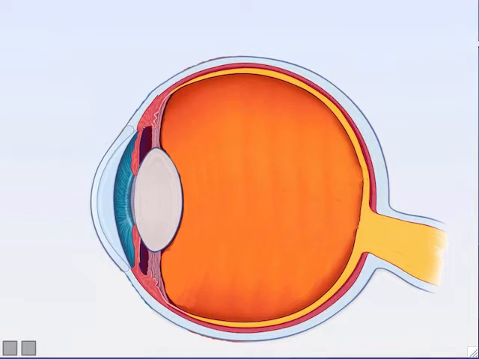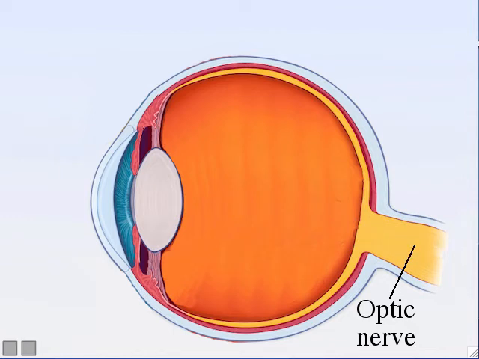All right, and continuing on, here towards the back of the eye, we have the optic nerve. The optic nerve carries the visual sensory signals, the nerve signals, from the retina to the brain. Now, incidentally, the optic nerve is an extension of the nervous tissue of the retina. In this diagram, the nervous tissue of the retina is yellow colored, and you can see that the optic nerve is also yellow colored.